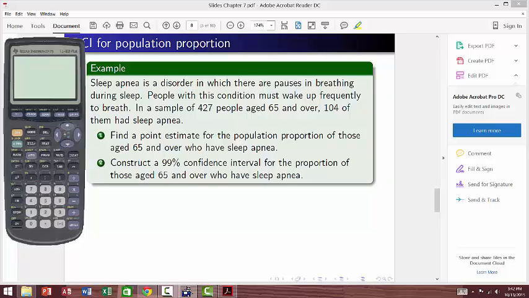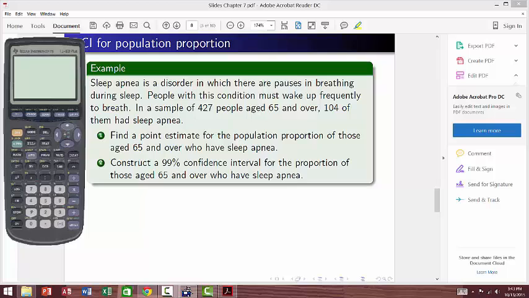So let's say we have a sample of 427 people that are age 65 and over, and out of those 104 suffer from this disorder. The first one says find a point estimate for the population proportion of those aged 65 and over who have sleep apnea. So what am I asked here to do? I'm asked to find an estimate, an approximate proportion based on my sample.